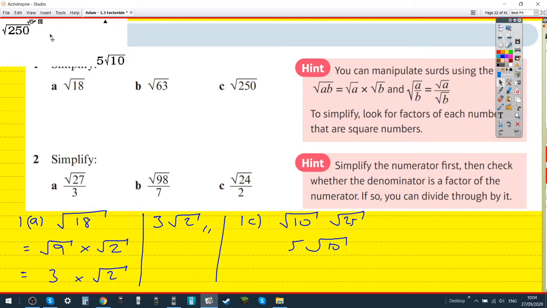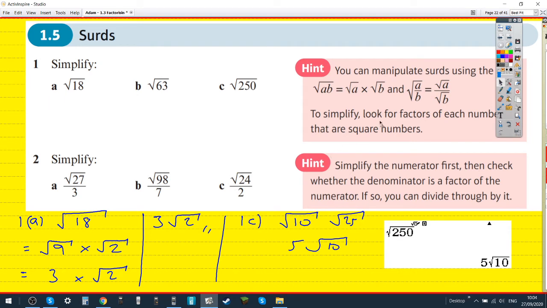How would you do 2C? So it'd be 6 and 4 on the top. Square root 6 times square root 4. So it'd be 2 square root 6 over 2.